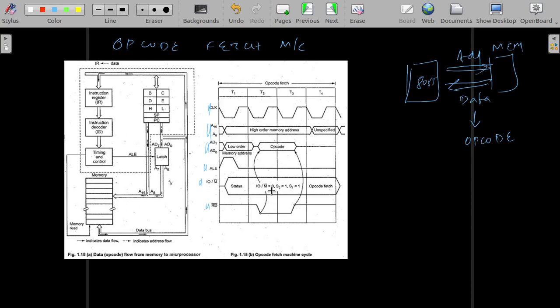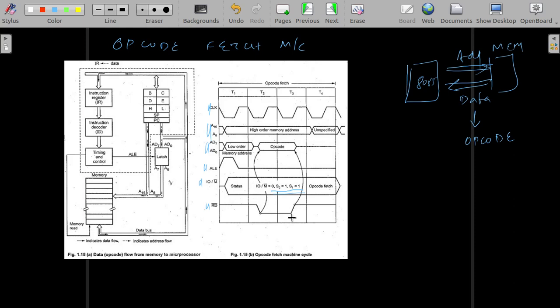And this is the IO bar M bar and S0 S1 combination for an opcode fetch. When the opcode is being loaded into the data bus, the read pin is enabled, and using some logic gates, the MEM read control signal is generated and given to the memory.